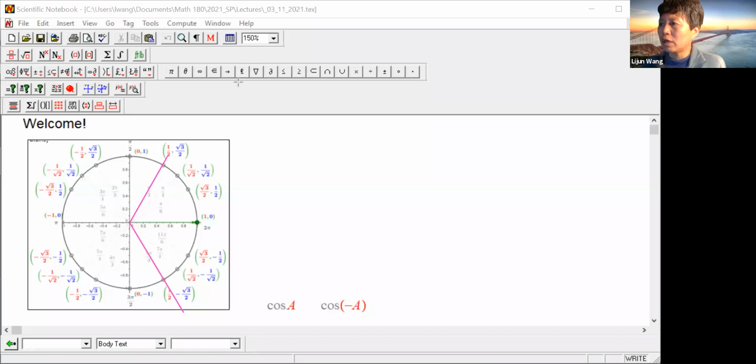These two angles are opposite, aren't they? Yes? So this is A, and this is negative A. Right?